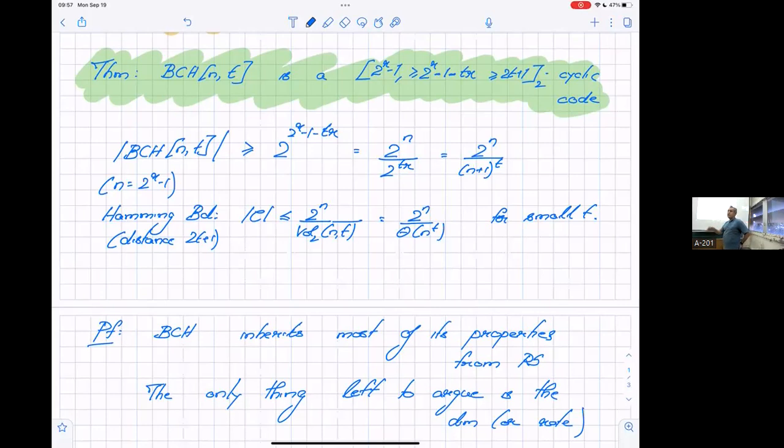So Hamming gave a code just for distance 3. BCH is going to generalize it for 5, 7, all the odd lengths. It's going to give a whole family of codes. It's not going to exactly match the Hamming bound, but almost match the Hamming bound up to a constant.